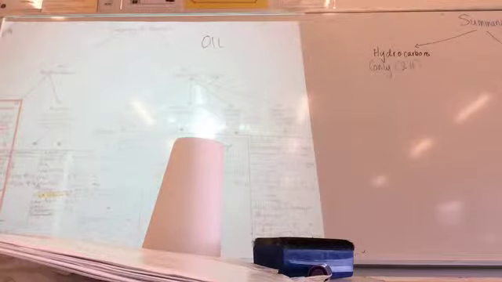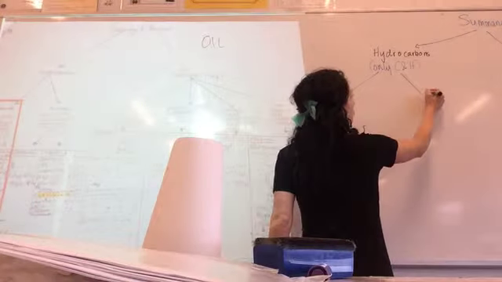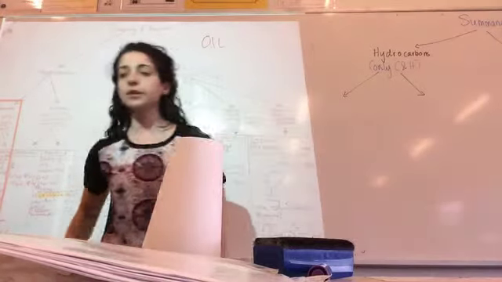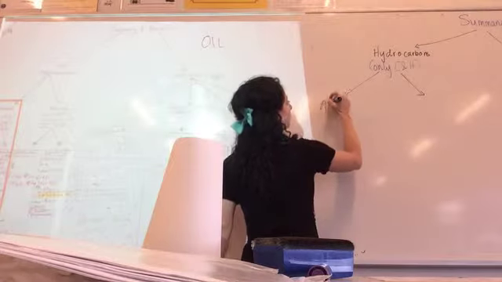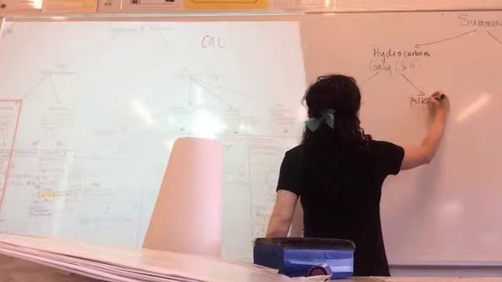When you add a hydroxyl group, again, different type of reactions. So under hydrocarbons, we are going to be looking at only two homologous series, and that is alkanes and alkenes.